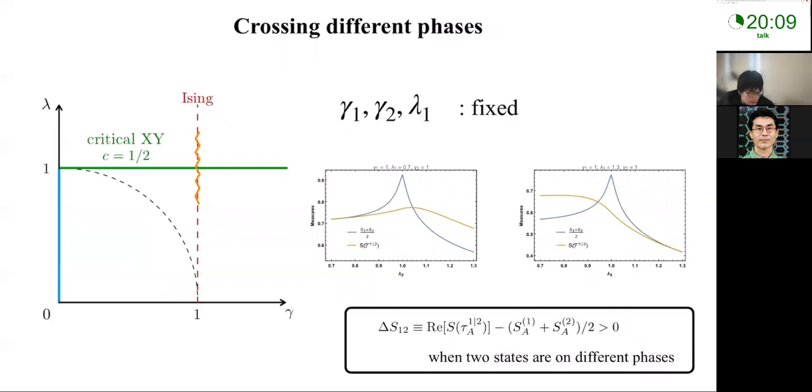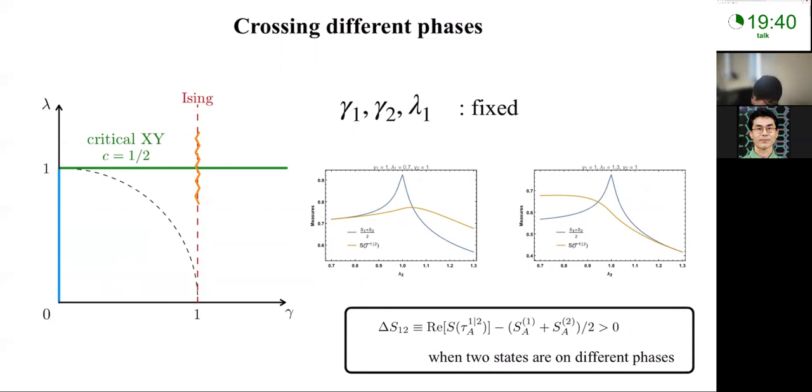Okay, but what is the case where the two states live in different phases? Here I'm focusing on the line for the transverse Ising model. Let's consider one vacuum state, a ground state, living in one phase and another state living in a different phase. So we have two states living in the paramagnetic phase and the ferromagnetic phase. In this case, what happens?